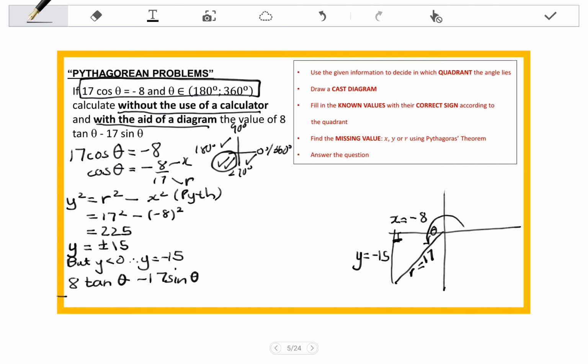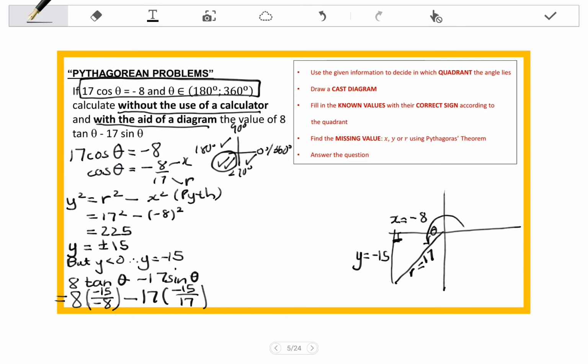Right, so tan theta is y over x. Now my y value is -15, my x value is -8, minus 17 sine theta, and sine theta is y over r, so that's negative 15 over 17.